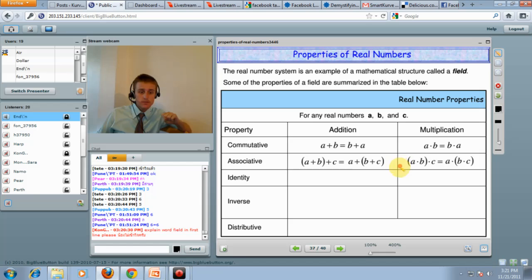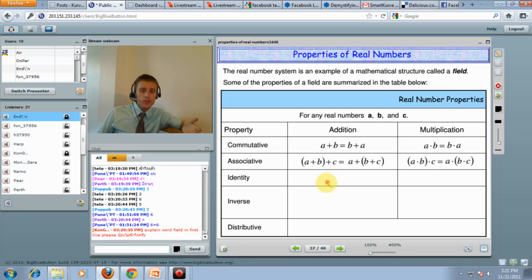For multiplication, explain word field in first line, please. Word field. Oh, the word field. The real number system. So, a real number is an integer, a whole number, rational numbers, irrational numbers.